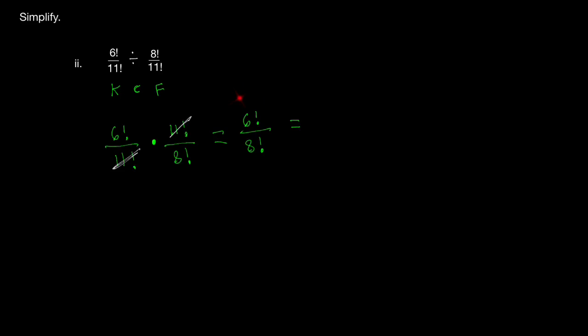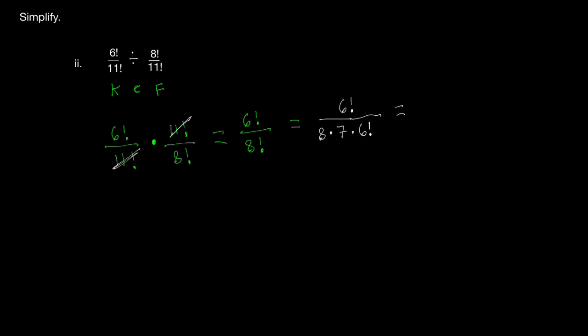In this scenario, I noticed that the value of the denominator is bigger than the value of the numerator. Hence, I'm going to expand a factorial first here. So I have 8 times 7 times 6, and I'm going to stop at 6, so that 6 carries that factorial, and I'm going to have 6 factorial on the numerator.